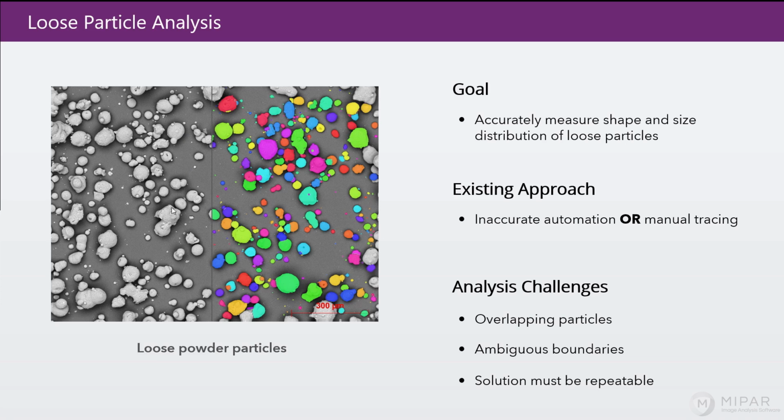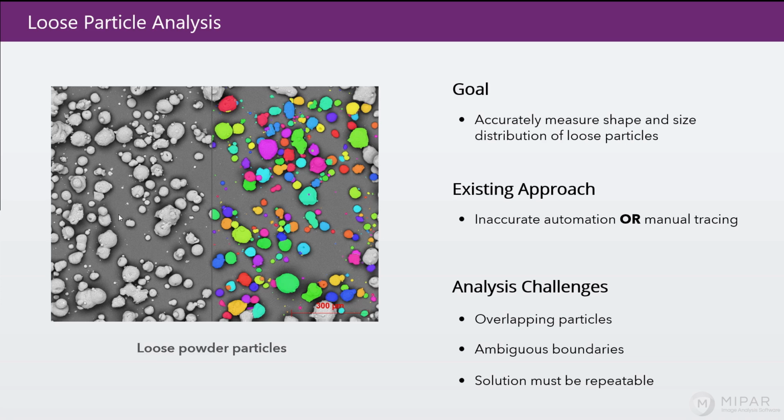The second is the rather strict conditions that were placed on what are treated as separate features. In a case like this, the particular user wanted this entire cluster treated as one, where if you move to something like this, the slightly, locally darker boundary between these two features means that they should be separated.